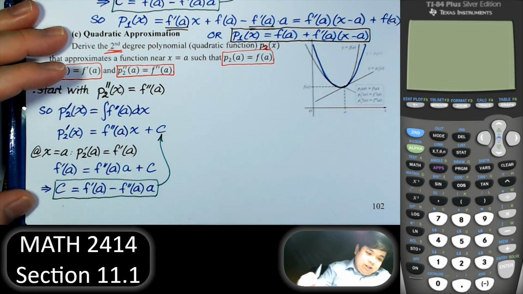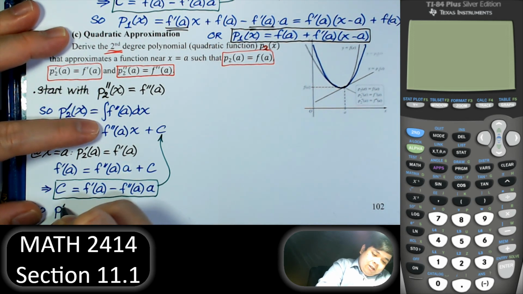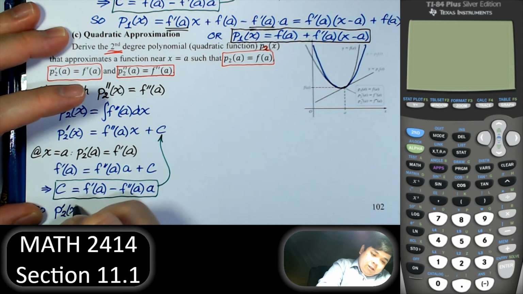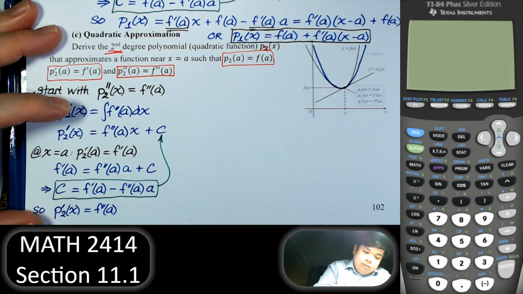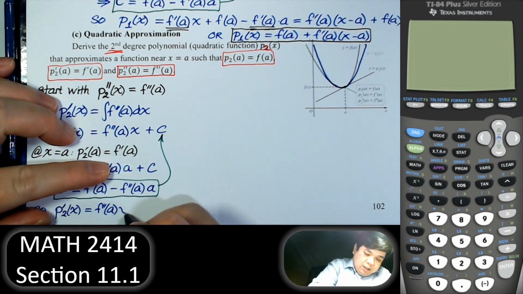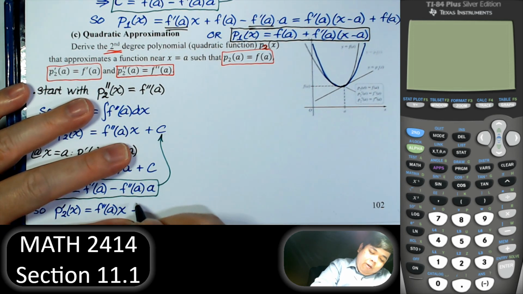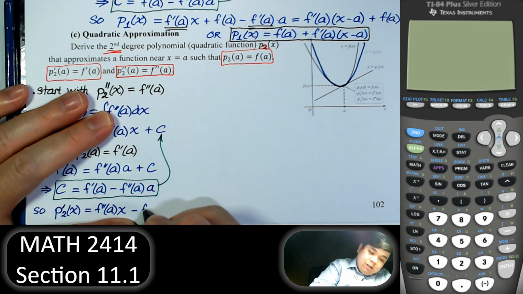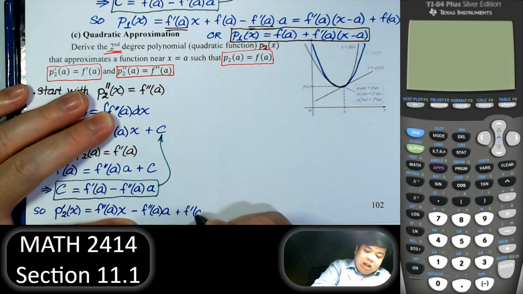So I will have the second derivative times x. I'm going to write this one first though. There are two terms, so I'm going to put the minus first, and then f prime of a. I'm going to write it like that instead.